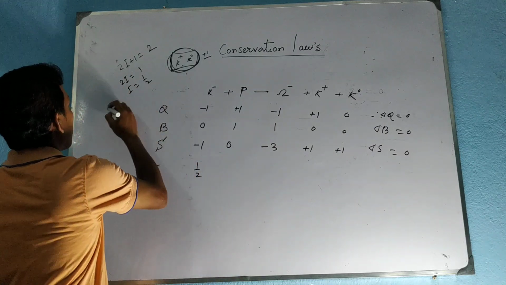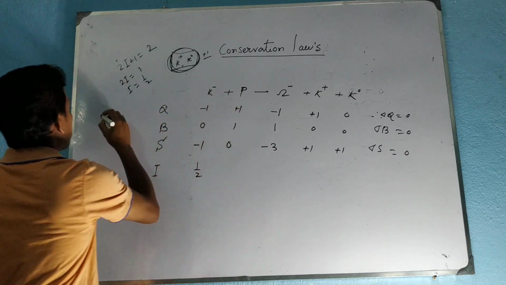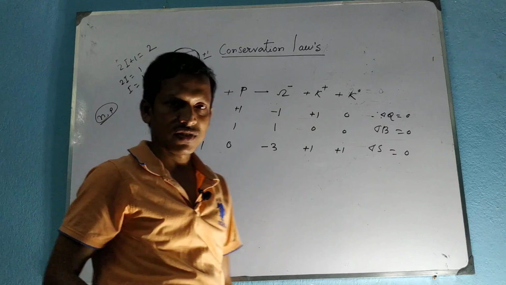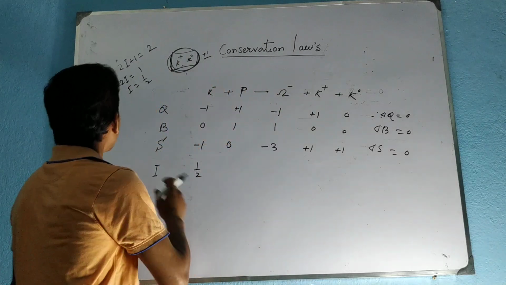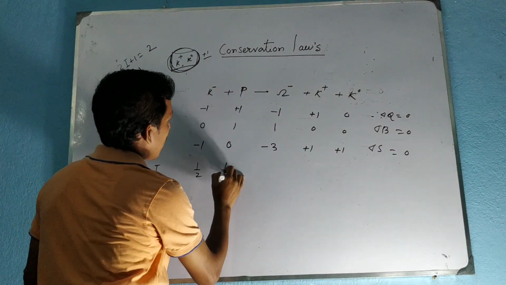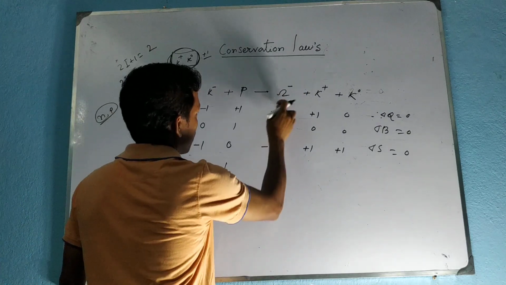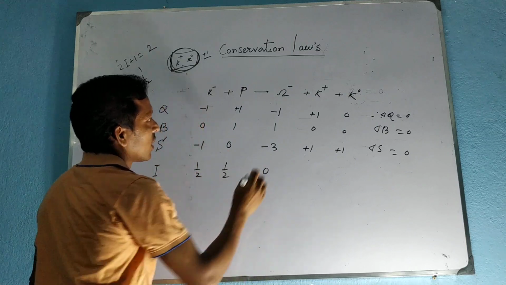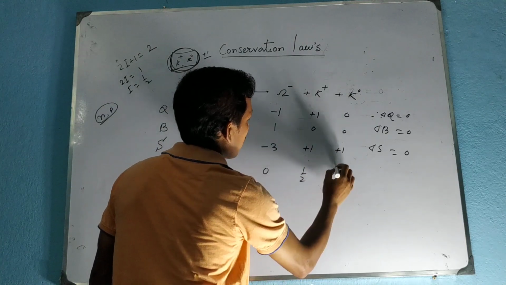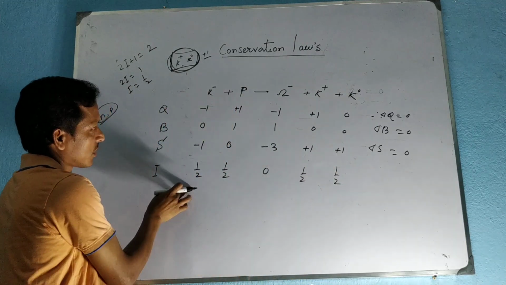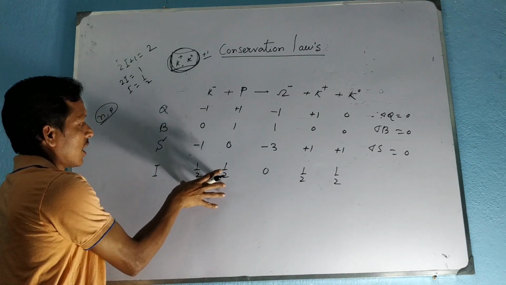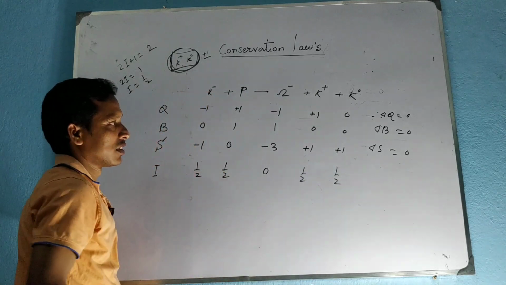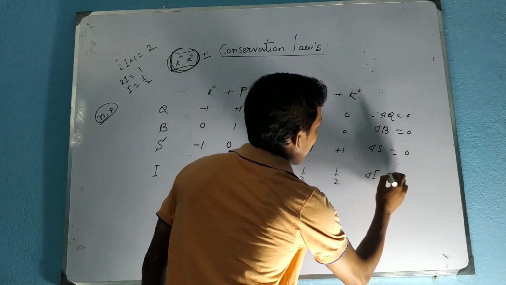You know the proton is a nucleon, and there are two nucleons, proton and neutron, with two charge states, so the isospin quantum number for the proton is also half. Omega minus is not an isospin particle, so 0, and again half and half. So before interaction the isospin quantum number is 1, and after the interaction it is again 1. So delta I is equal to 0.